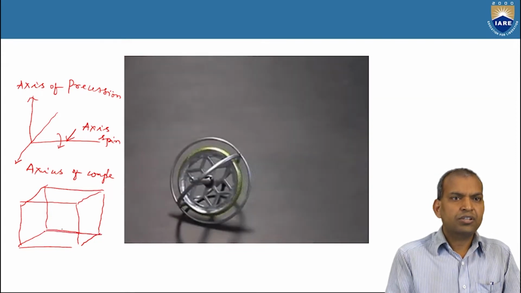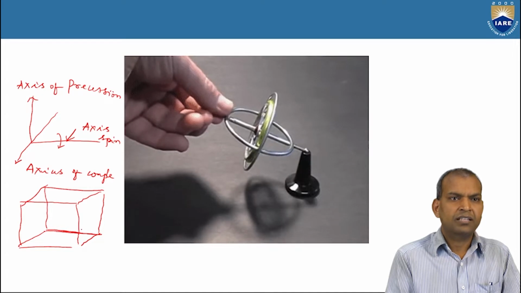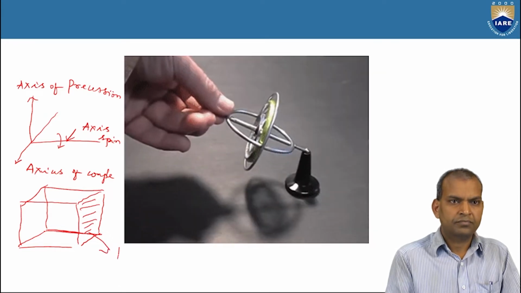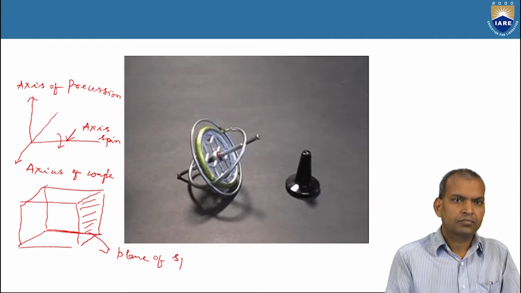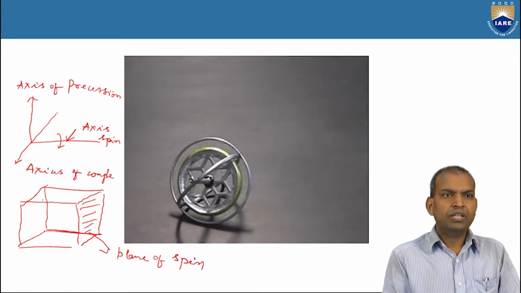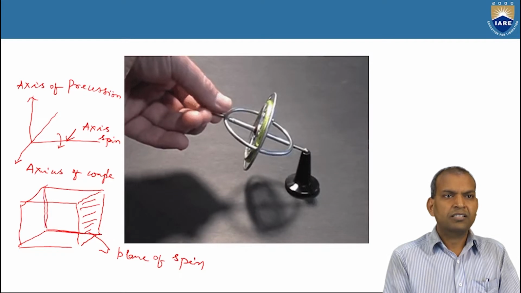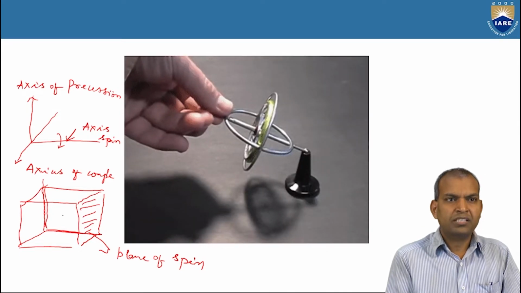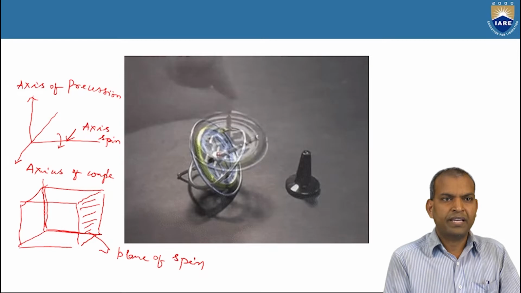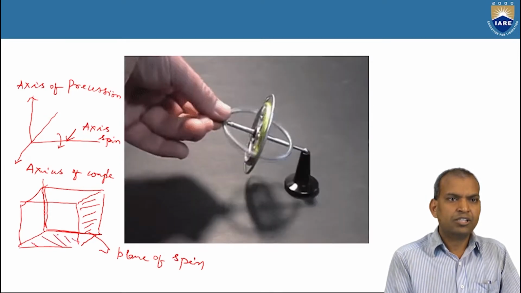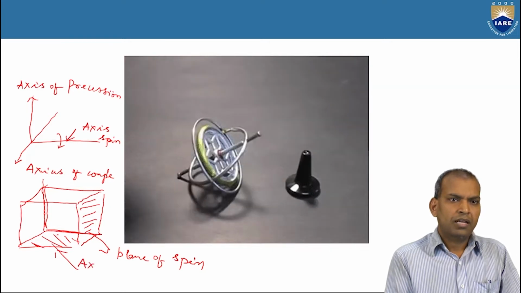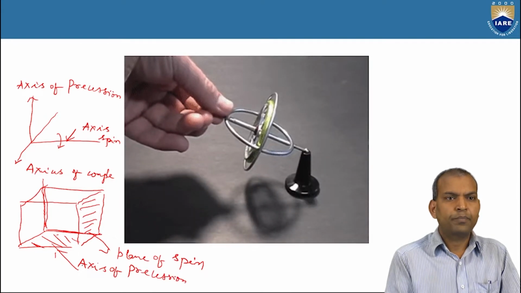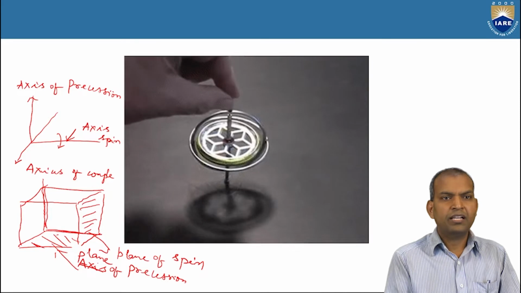As I told you, this is the axis of spin, and this plane is called the plane of spin. This vertical axis is the axis of precession, and precession takes place on the horizontal plane, which is the plane of precession.